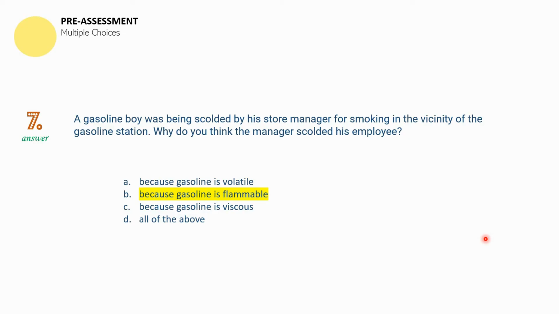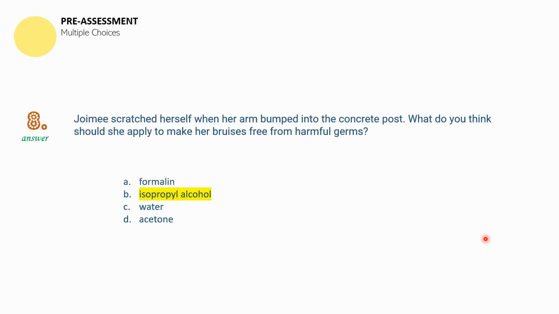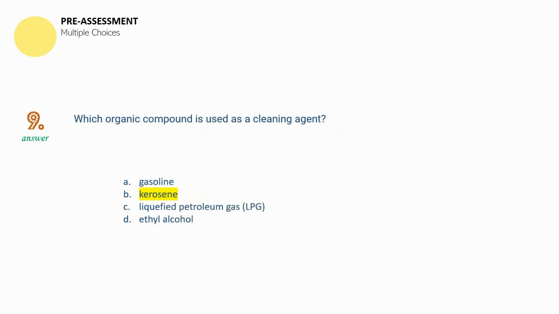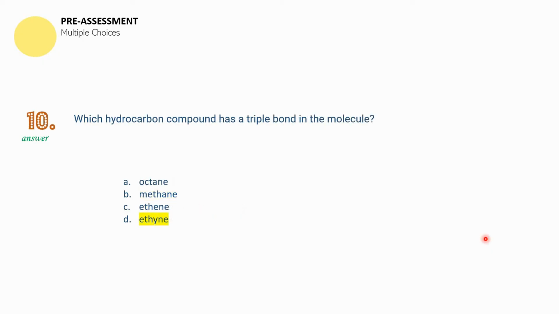The answer to question number 8 is B. Isopropyl alcohol. The answer to question number 9 is B. Kerosene. The answer to question number 10 is D. Ethine.